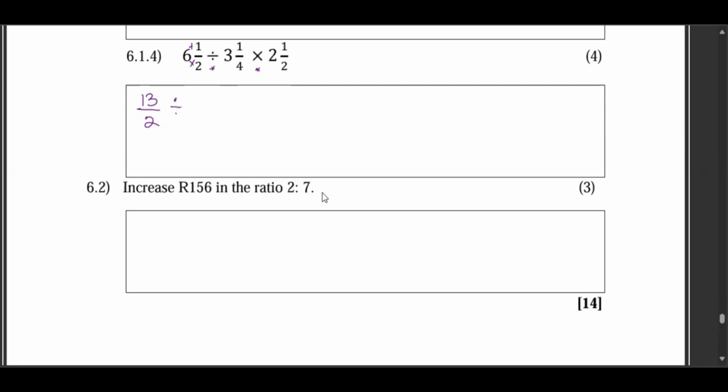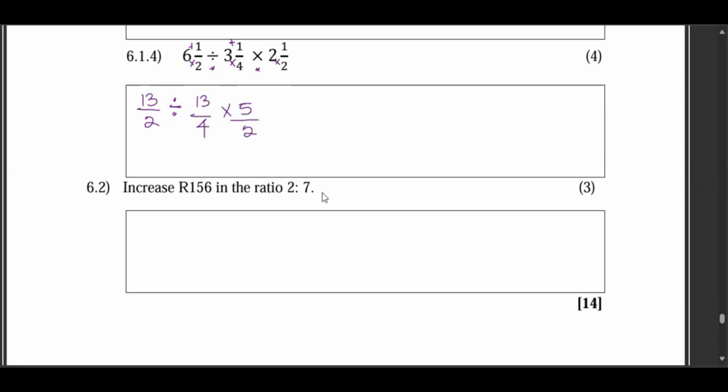Divided by, I'm still changing the mixed fractions into improper fractions. So 3 times 4 plus 1, what do you get? You get 12 plus 1, 13 over 4, times, change this, 2 times 2, 4 plus 1, 5 over 2.